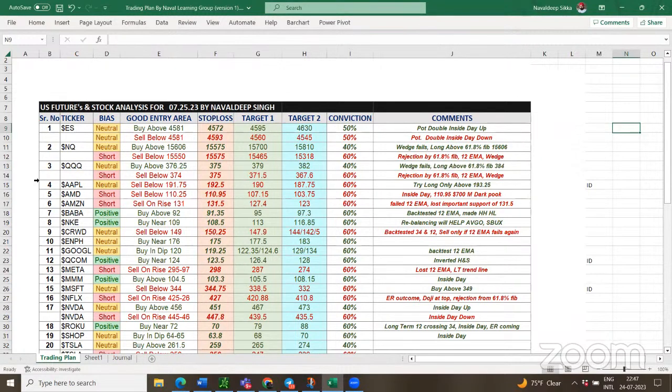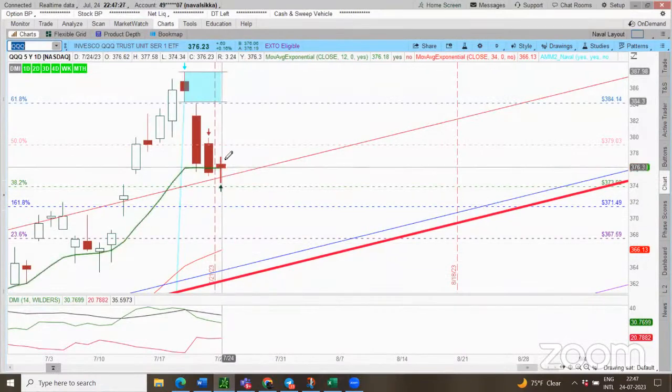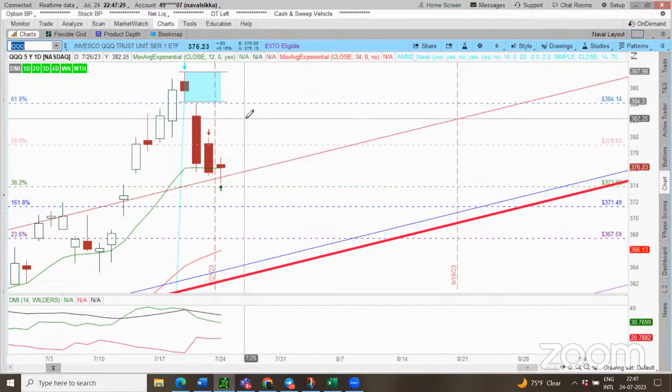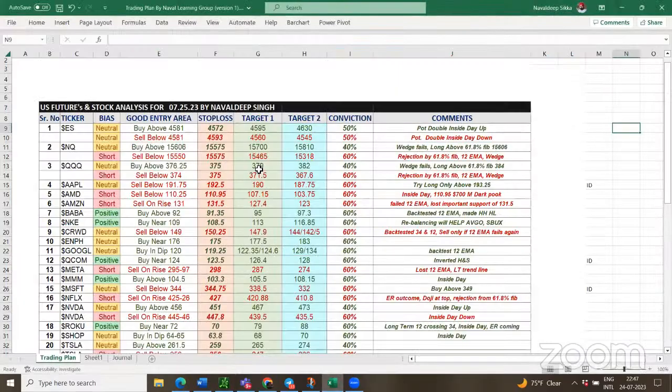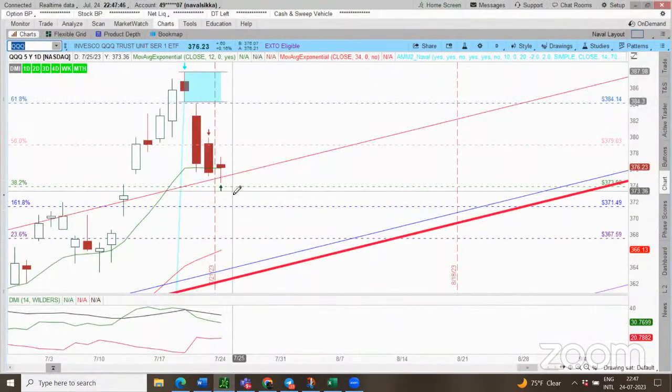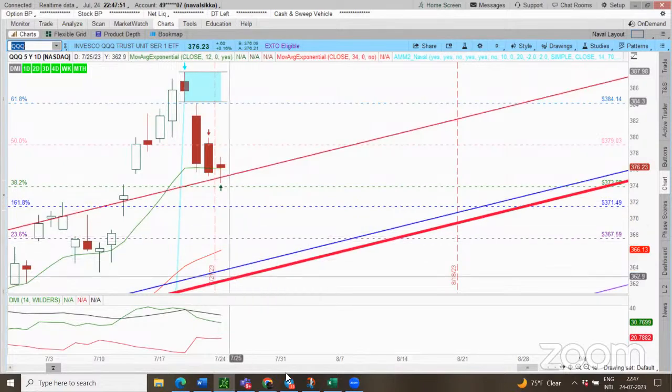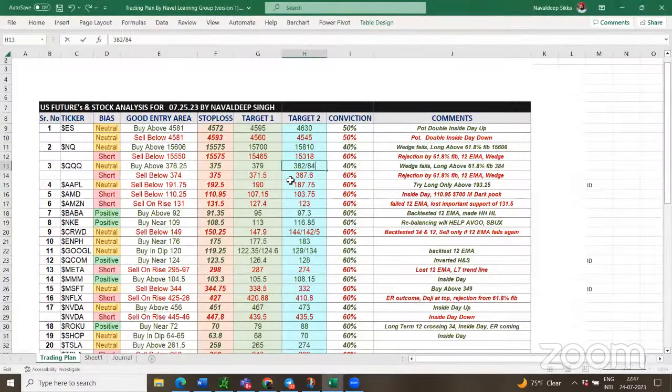There's no change in the levels for triple Q. Above 376.25, which is the 12 EMA, we should see 379, then 382 and 384, at 40% because the trend is negative. That's why ES is neutral and NQ is neutral to short. On the downside, if we lose the 38.2 Fibonacci, then we'll hit 371.50 and 367.50. So the levels are exactly the same for NQ and triple Q.